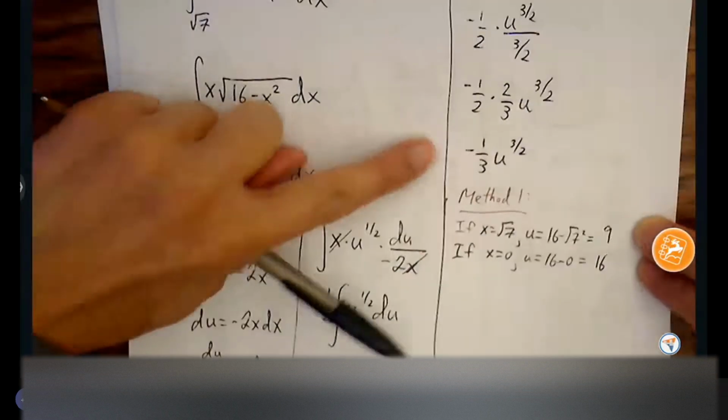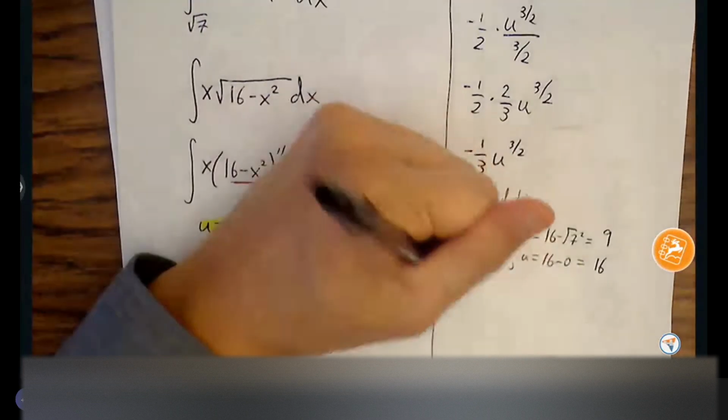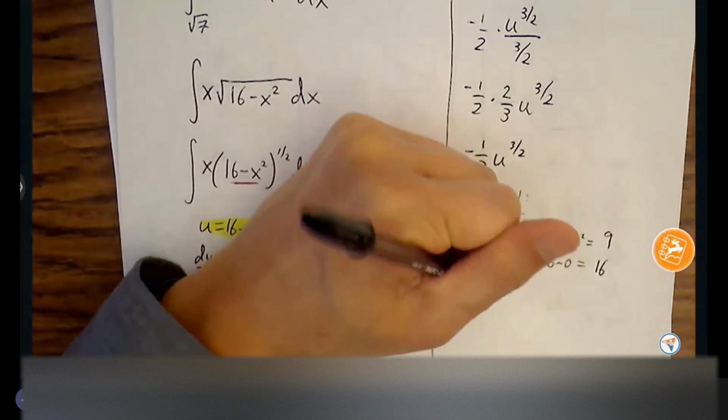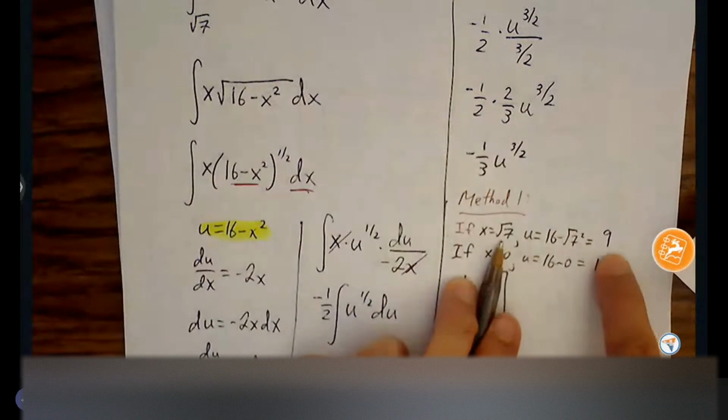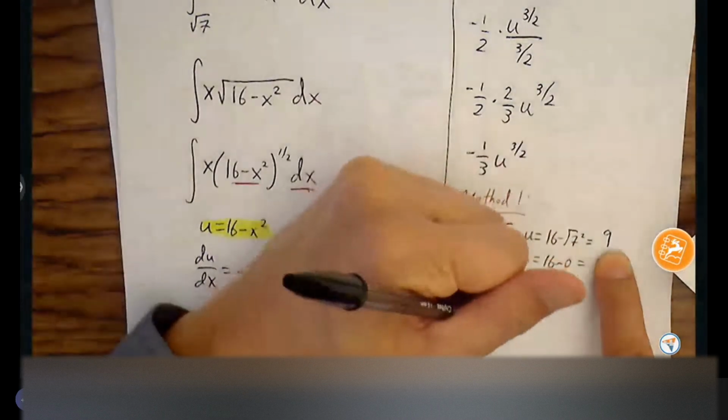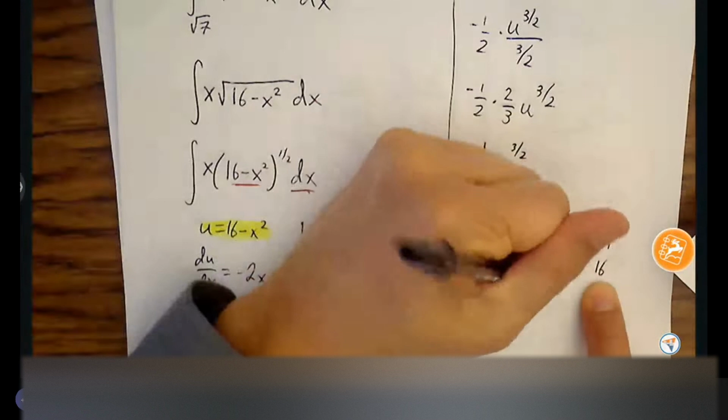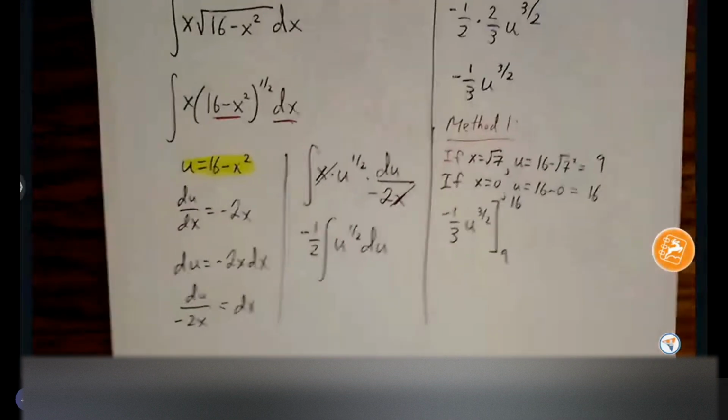Everything's in terms of u, so root 7 becomes 9, 0 becomes 16. Now you can plug in.